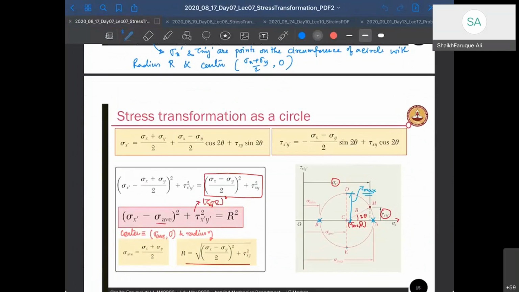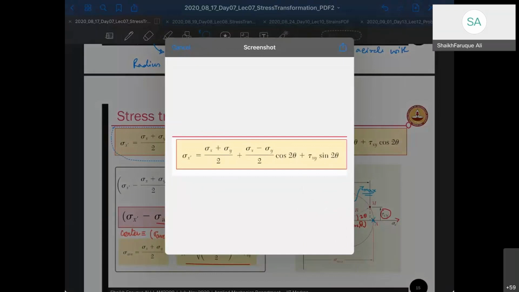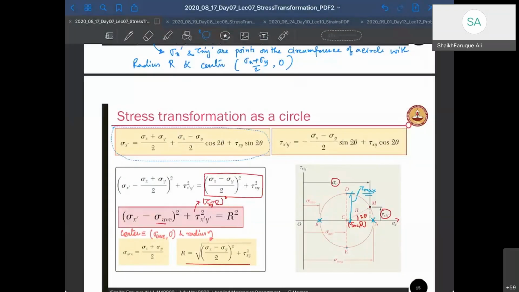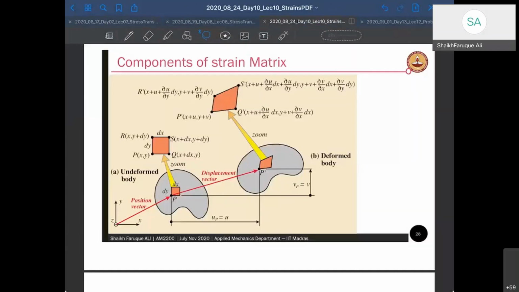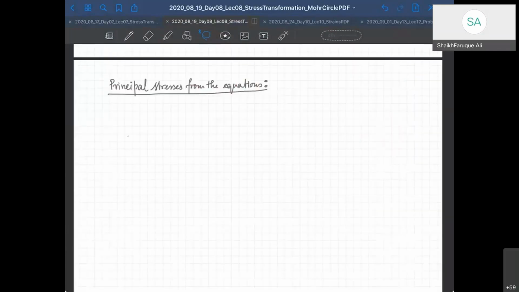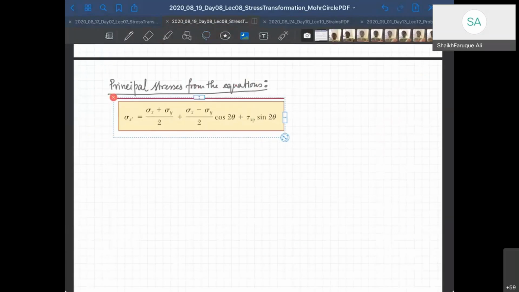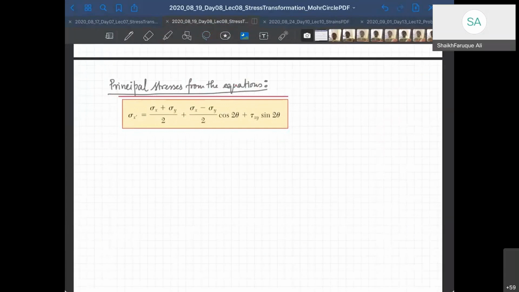So if you have this formula, can you just copy it? And can we just go here and paste it? Fantastic. Life is so simple. All right. So we have this, right?